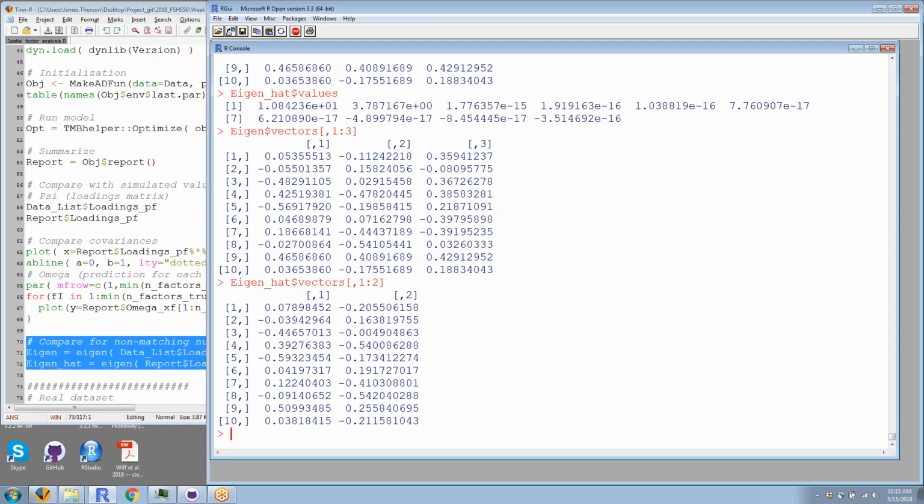Like negative 0.48 in the third row and negative 0.56 are really similar, and the ninth element is a big one. So the big values are pretty well correlated to the dominant factor. And the second one also, the fourth element and the eighth element are getting pretty close.